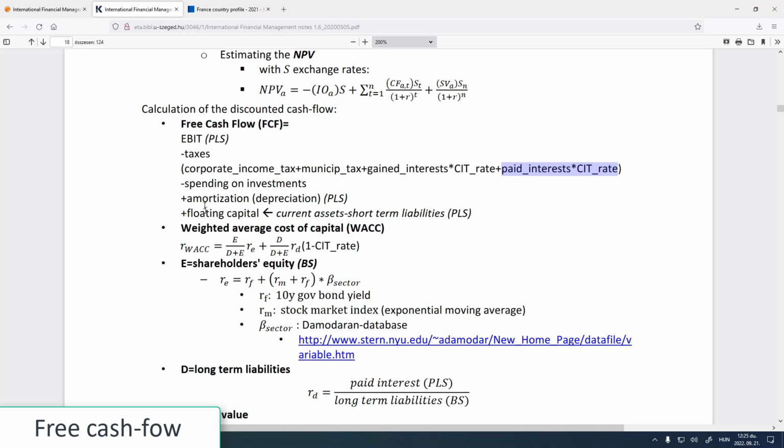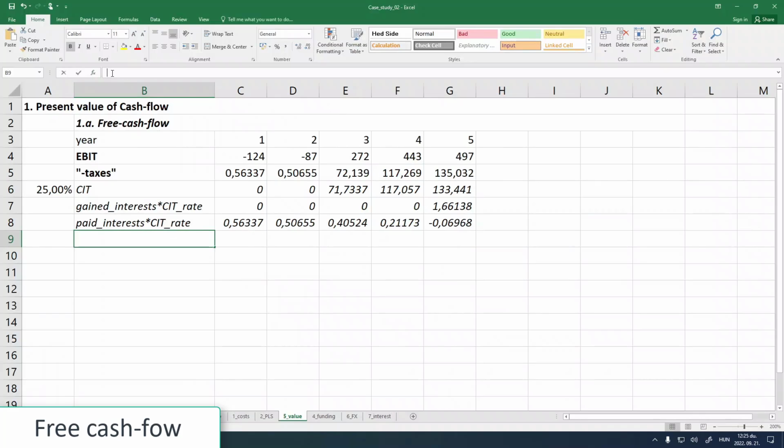Then the next thing, until this point it's clear what we are doing. Then we don't care about spending on investments. I mentioned yesterday that we are handling it in a completely different way. So let's focus on depreciation. Last week, when we were defining our beautiful rocket, we mentioned that we don't care about depreciation of the rockets because we are using them up within a year one way or another.